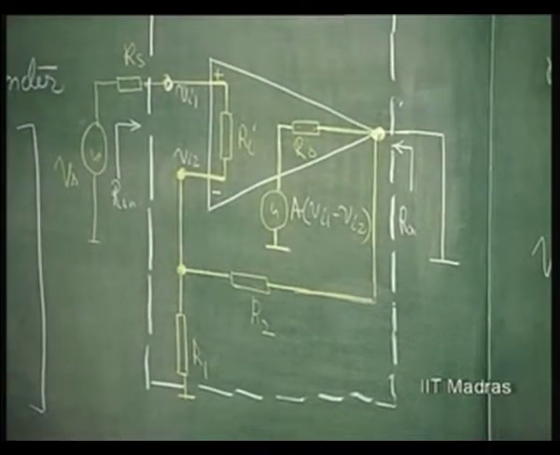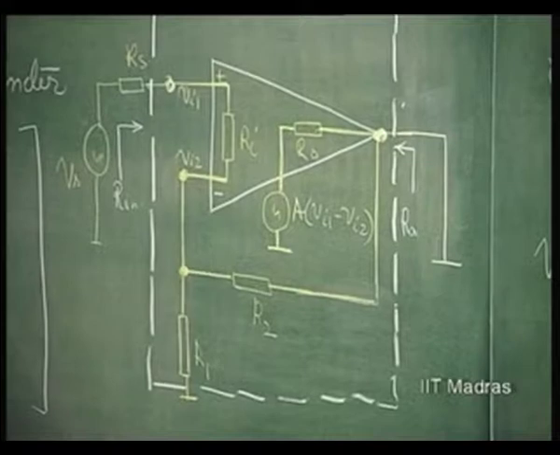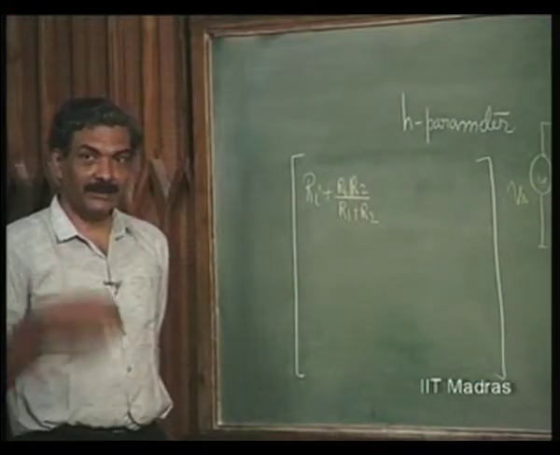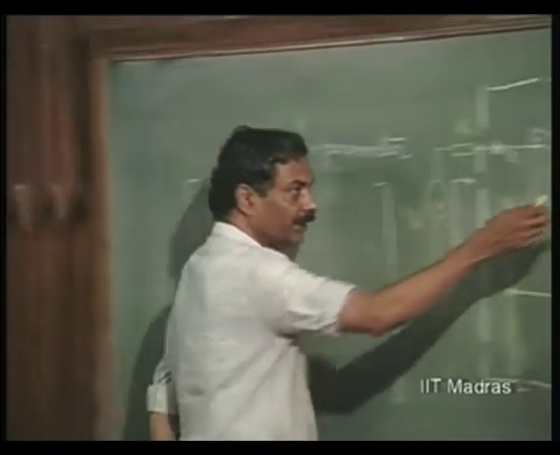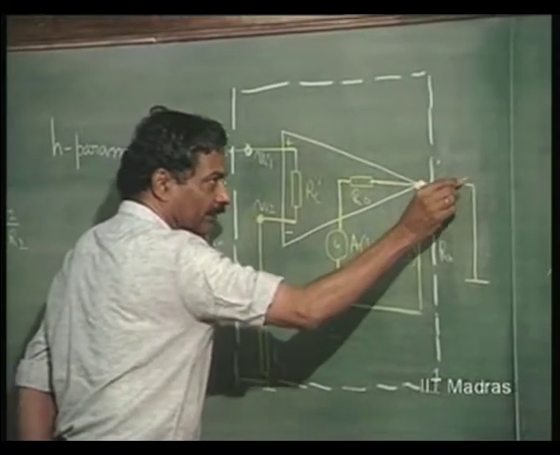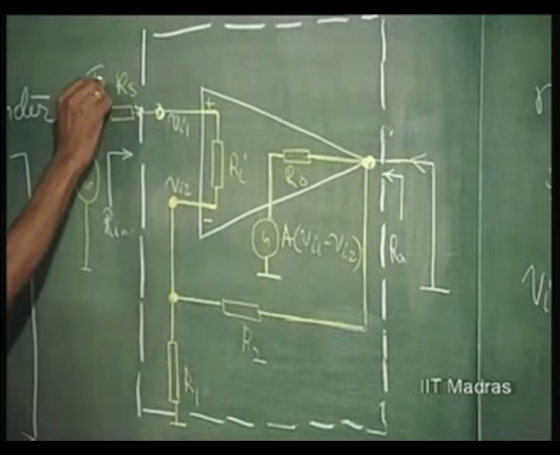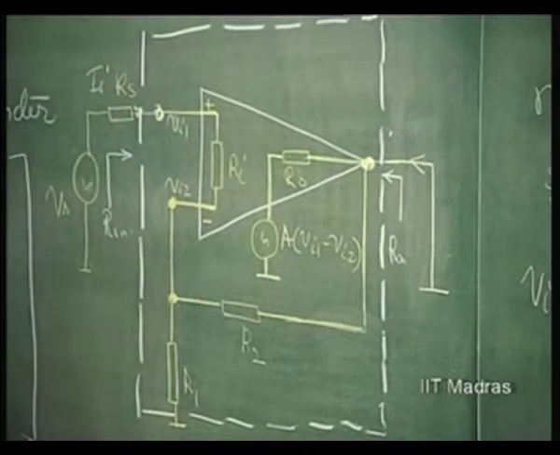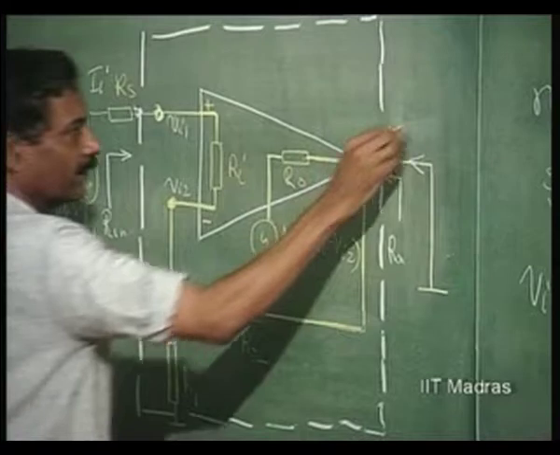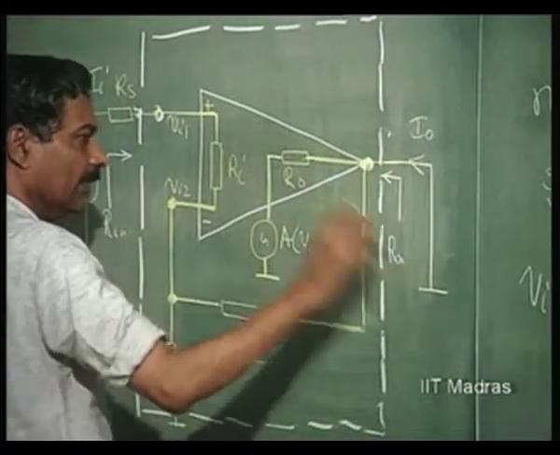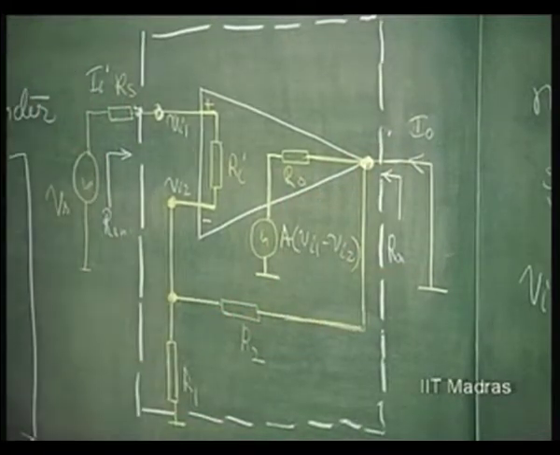Next, let us evaluate the Hf, which is the short circuit current gain. When the output is shorted, what is the current gain? So the output current I naught divided by Ii, where Ii is the input current. So I naught by Ii is what is defined now under the situation of the output being shorted.